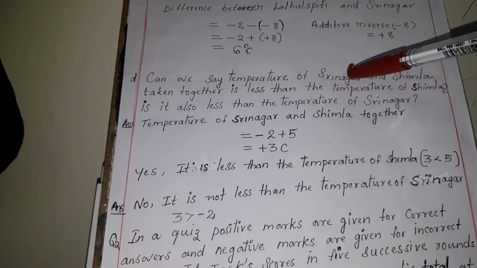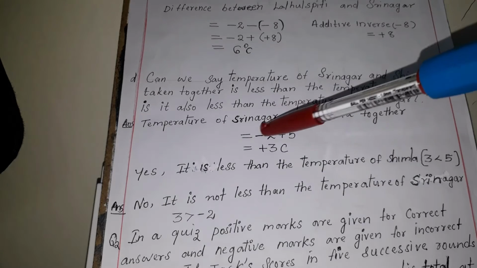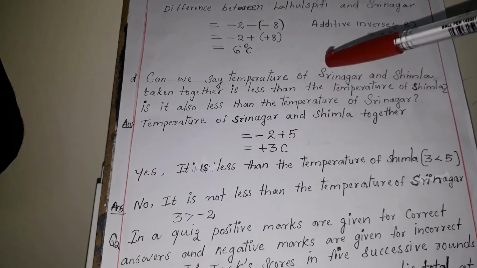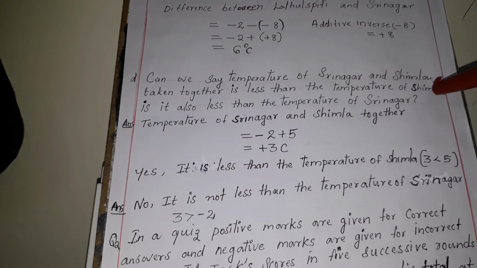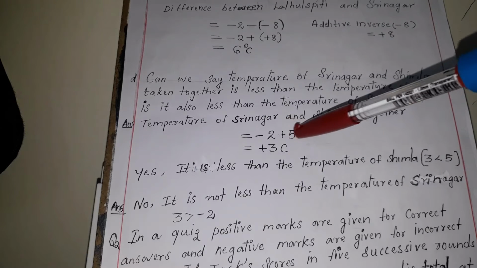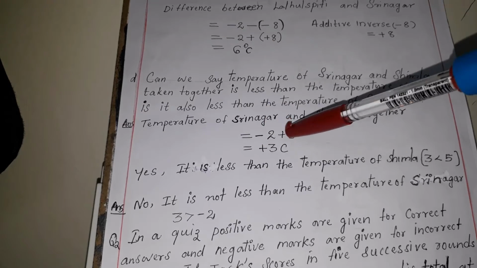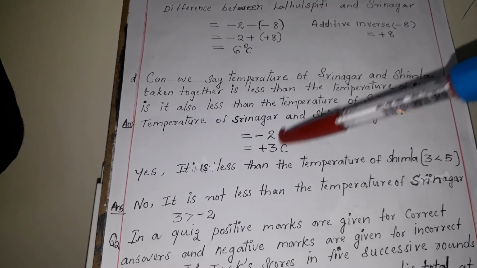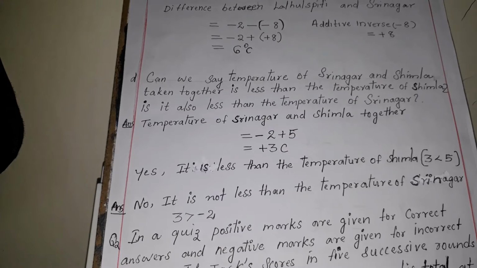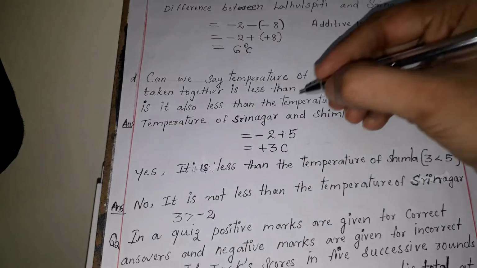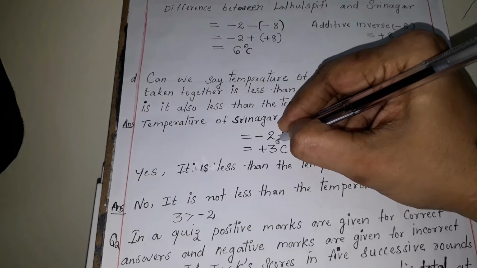From the number line we already know that it is minus 2 degrees Celsius. And what is the temperature of Shimla? 5 degrees Celsius. So you should add them. So minus 2 plus 5, what is that? 3 degrees Celsius. Okay, 3 degrees Celsius.